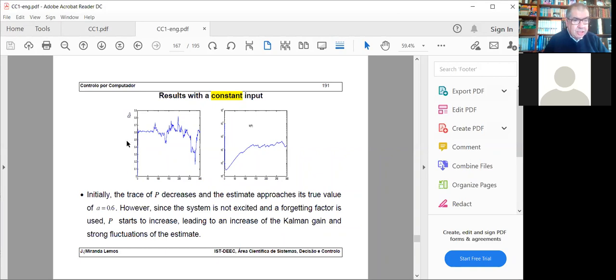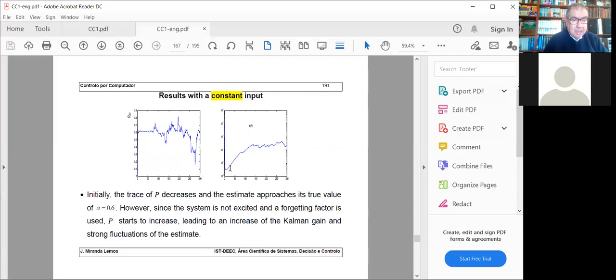And you receive some information, and the estimate of the A parameter converges more or less to the correct value. And this happens because you receive this initial information about the system, and your P, which is represented here, decreased very fast.